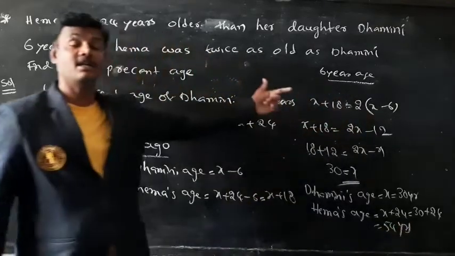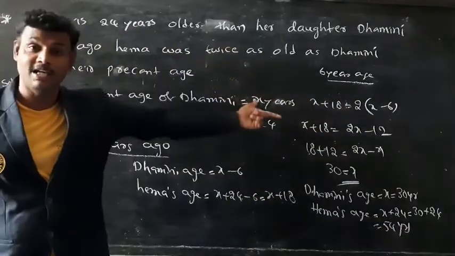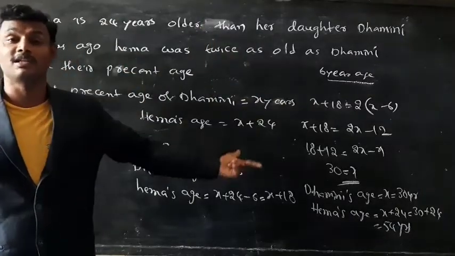So the present age of Damini is 30 years and the present age of Hema is 54 years.